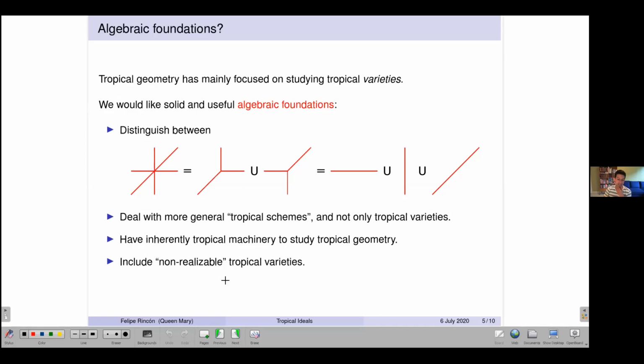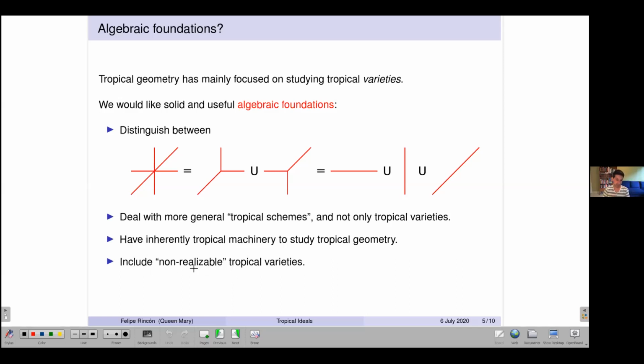So it turns out that there are polyhedral complexes that satisfy all those properties. You can have pure dimensional polyhedral complexes that are connected in codimension 1, and around every codimension 1 face you see a balancing condition. But these polyhedral complexes are not the tropicalization of any classical variety. You cannot obtain them as the tropicalization of any classical ideal. So they look like a tropical variety, but they're not really the tropicalization of a classical variety.